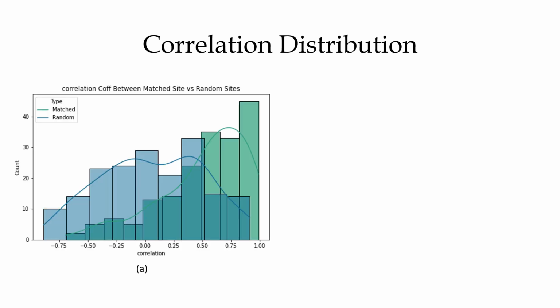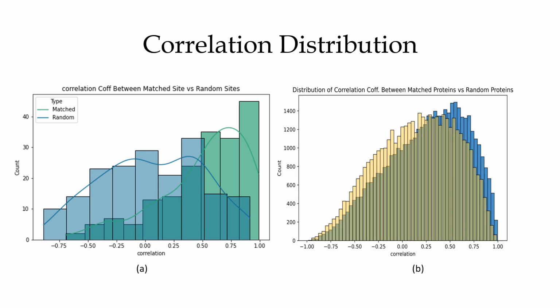With the 8 sample expression data, we then look into the relationship between the phosphorylation and O-GlcNAcylation at the same sites. As shown in figure A, the correlation between phosphorylation and O-GlcNAcylation is much more likely to be high than the correlation between any other two random pairs, shown in blue in figure A.